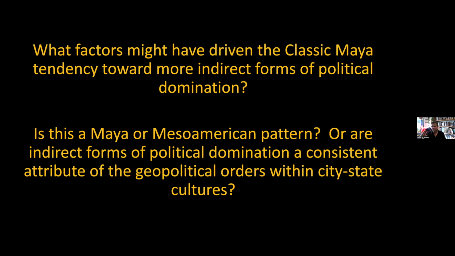I think it's also useful to think about whether this is a Mesoamerican pattern. In that initial superstates article by Simon Martin and Nikolai Grube, they made the comparison with the way that the Aztec Empire worked, which is a natural comparison to make.